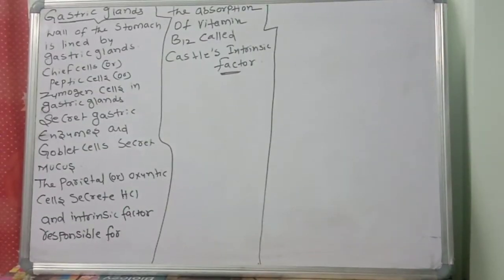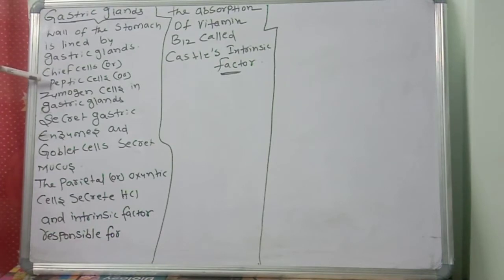Okay, children. The next content is gastric glands. Gastric means the stomach. Whenever the word gastric comes, you should remember that it is related to the stomach. The wall of the stomach is lined by gastric glands.